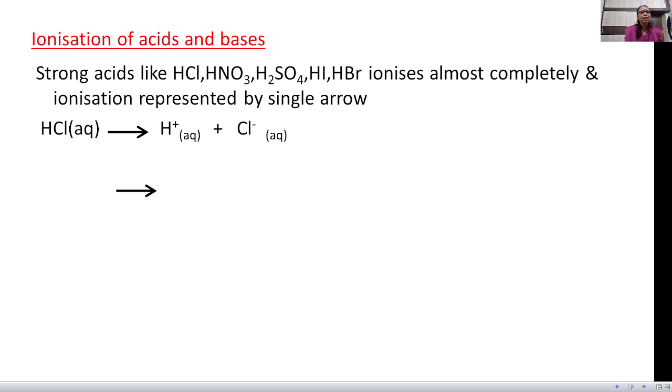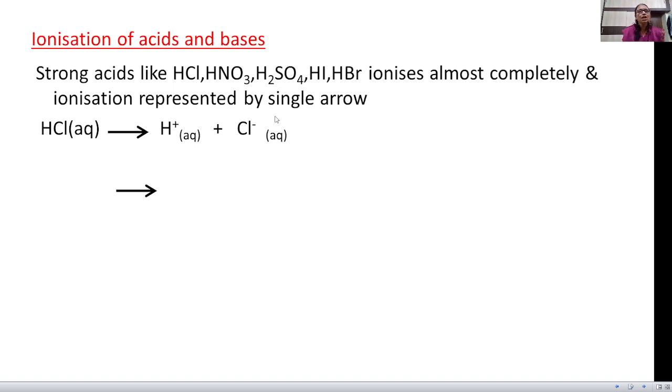Strong acids like HCl, HNO3, H2SO4, HI, HBr ionize almost completely, and ionization is represented by a single arrow. HCl in aqueous solution dissociates as H+ and Cl- ions. All strong acids dissociate completely, and the dissociation is represented by a single arrow.